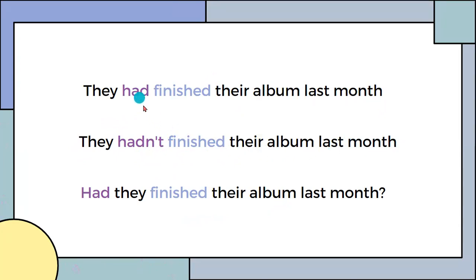As you can see, had or hadn't plus the verb in the participle and the complement. And here the question, had they finished their album last month? Had they is the subject. Finished their album last month? Subject means sujeito.